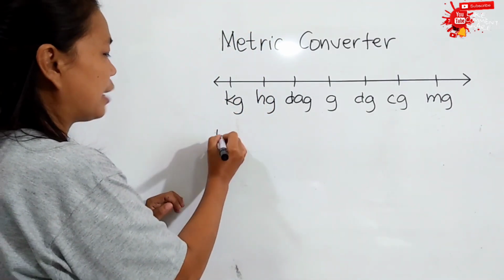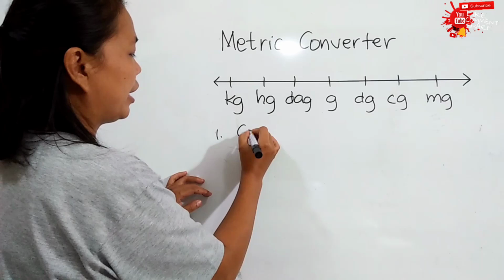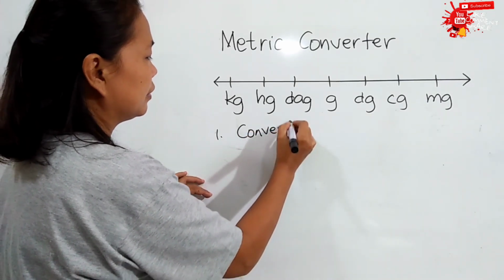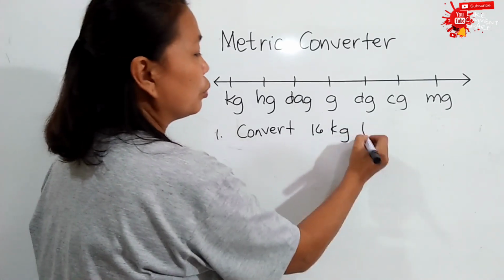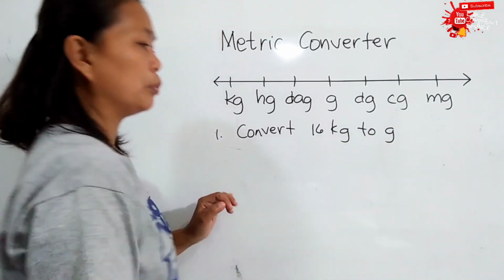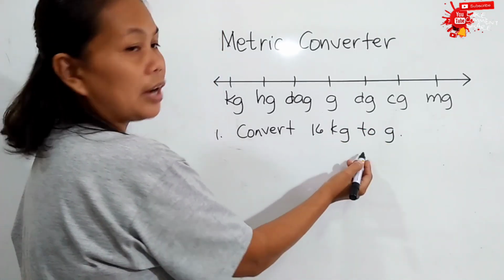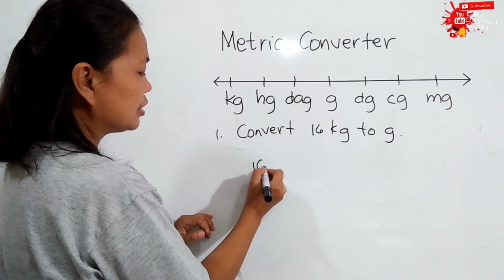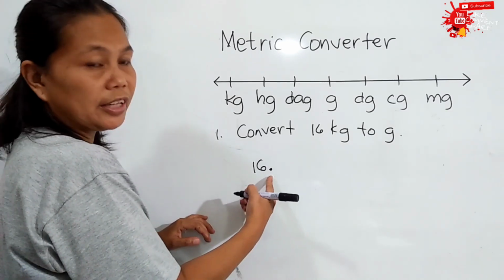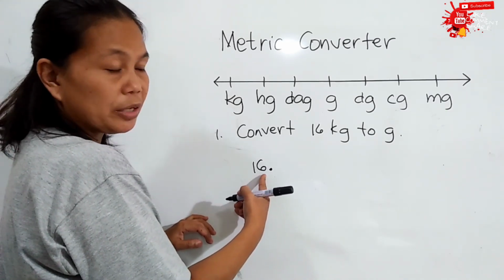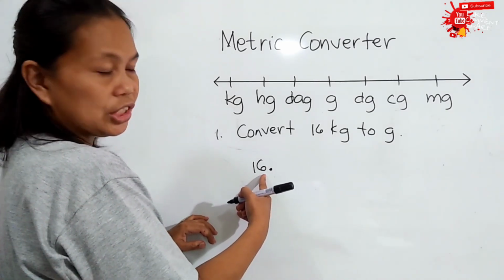So let us have an example for the conversion. We have to convert 16 kilograms to grams. So let us have 16. This is a whole number, so the location of the decimal point is after the ones digit.